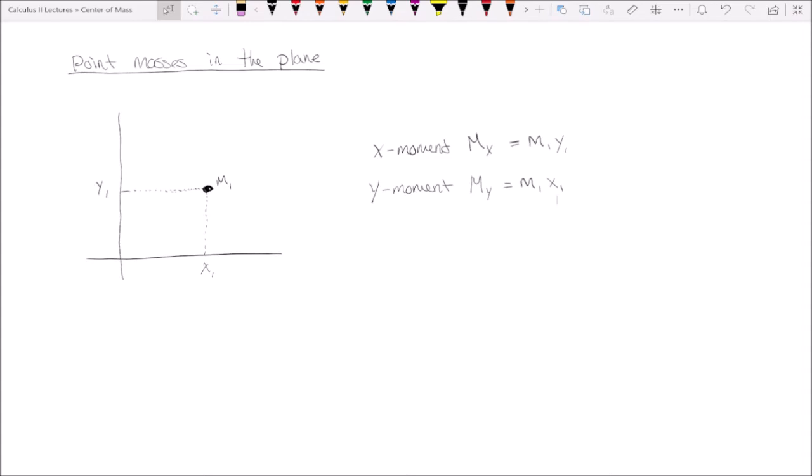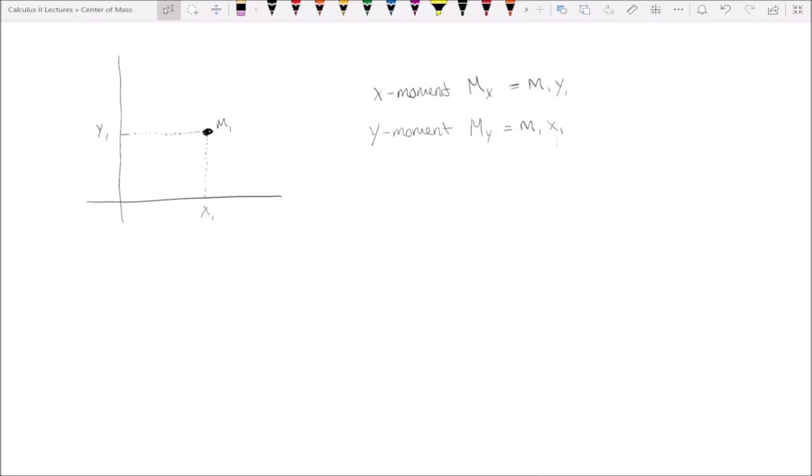So if we have several point masses, we get the x moment, mx, is the sum of all the x moments. So i equals 1 to n, m sub i times y sub i.